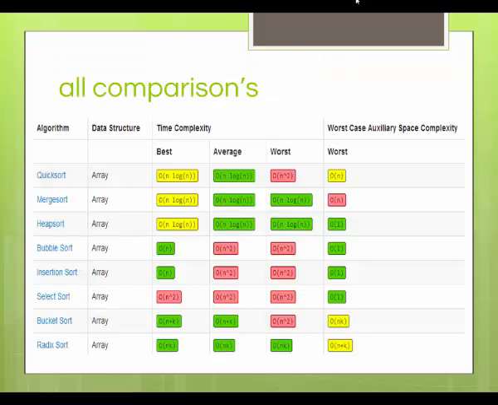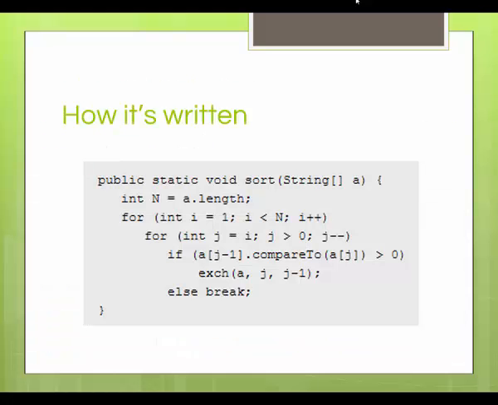And here's a list of the efficiency of all the different types of sorting. You can read through that if you want, but I'm not going to go over it. And this is what it looks like in Java if you were to make a method for it. So basically, you can use virtually any data type to sort, but most people tend to stick to strings and integers, and for this example it's a string.